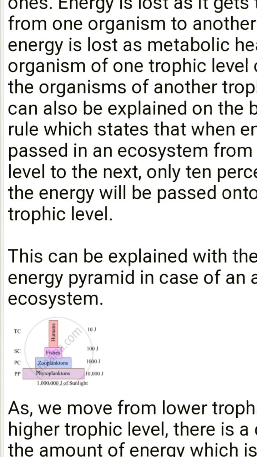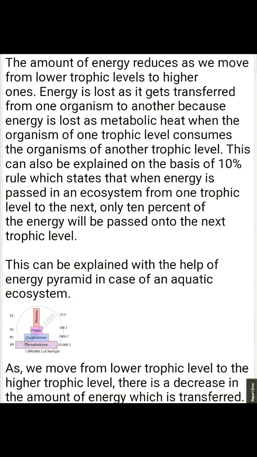At the primary consumer level only 1000 joules is transferred, at the secondary consumer only 100 joules, and at the tertiary consumers only 10 joules of energy is transferred. So as we move from lower to higher trophic levels, there is a decrease in the amount of energy transferred.